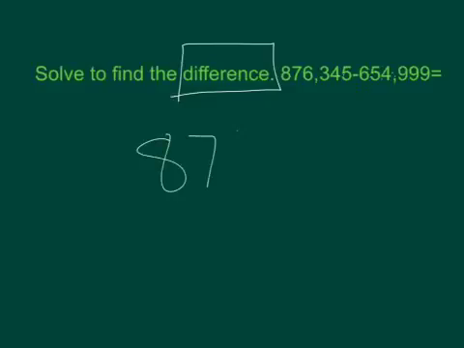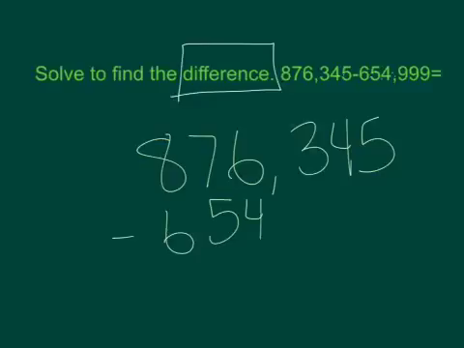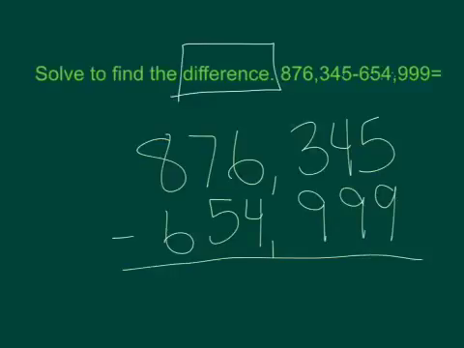So the important process here would be that when you rewrite your equation, that you line up your place values. If you do not line up your place values, you're going to make a mistake. So once you have your place values lined up, I want you to go ahead and solve this equation. So push pause, and then hit play when you're ready, and we'll see if we came up with the same answer.